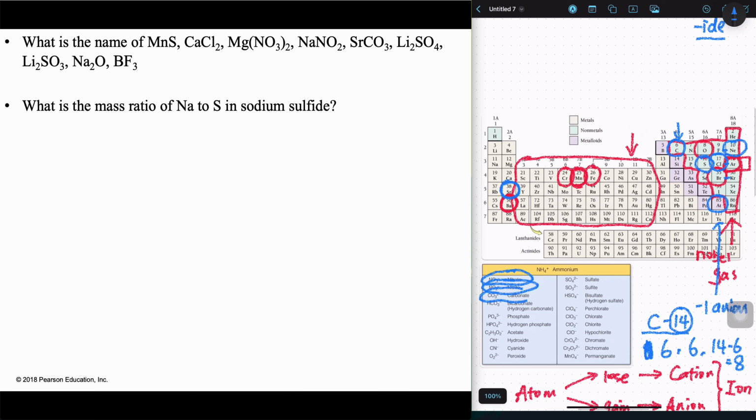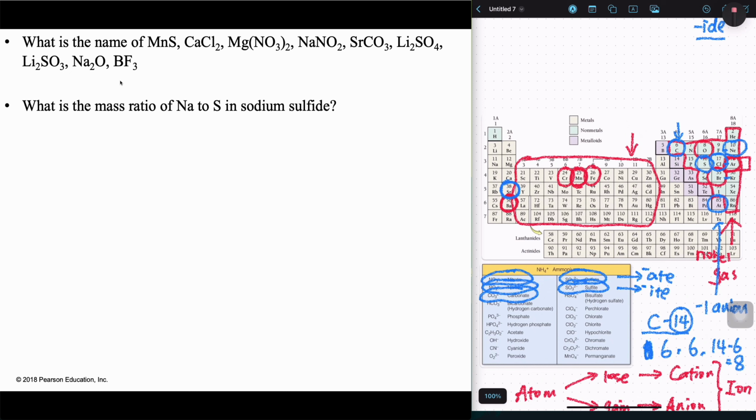Next one, lithium sulfate. Lithium, the next one is called lithium sulfide. One is sulfate with a suffix of -ate, another is sulfide with a suffix of -ide.